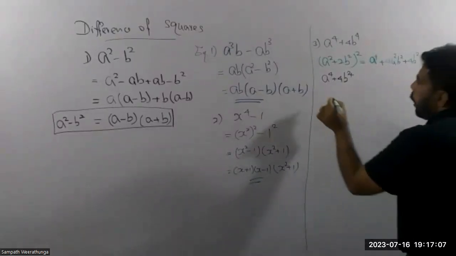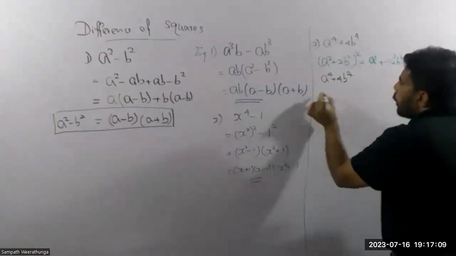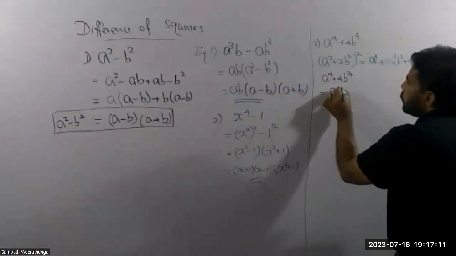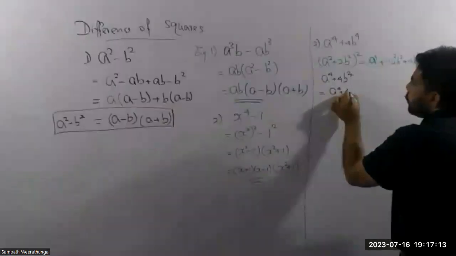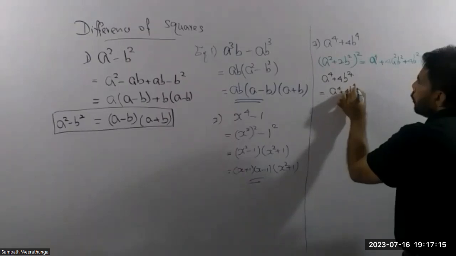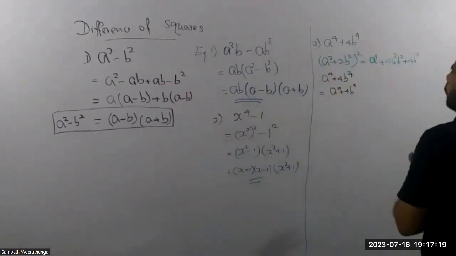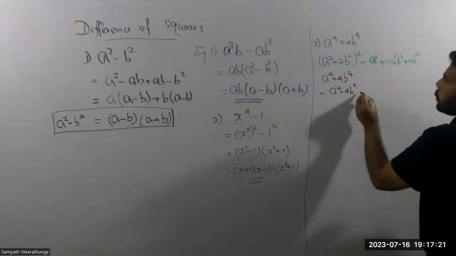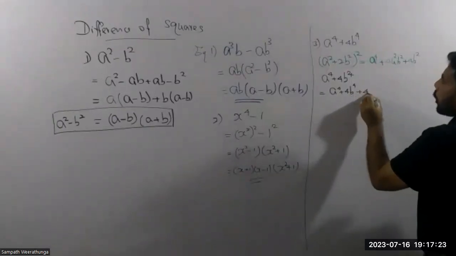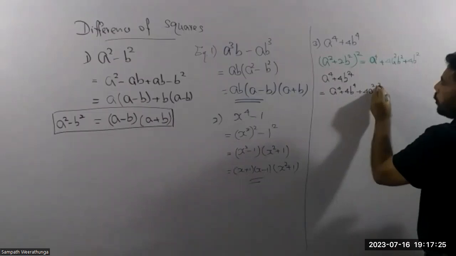a separate thing, then I'll write the equal side, and now my plan is to get the whole square of this term. So what I need is the 4a square b square term.